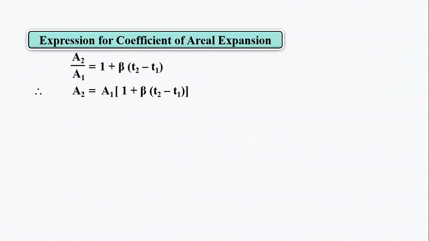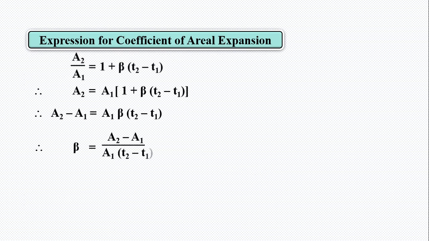A2 is equal to A1 multiplied into the bracket 1 plus beta into T2 minus T1. Again, A2 minus A1 is equal to A1 beta into T2 minus T1. So beta is A2 minus A1 upon A1 into T2 minus T1. Means the coefficient of areal expansion is increase in area per original area divided by increase in temperature. This is a practical formula.